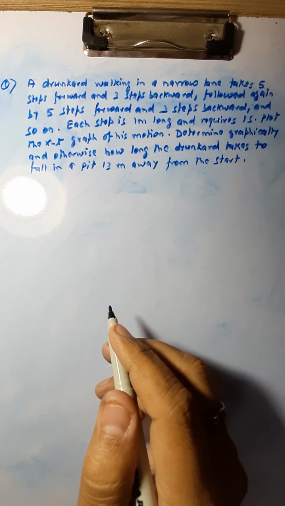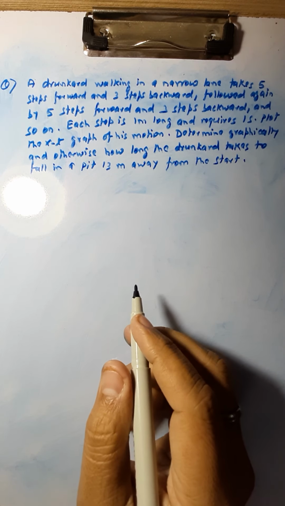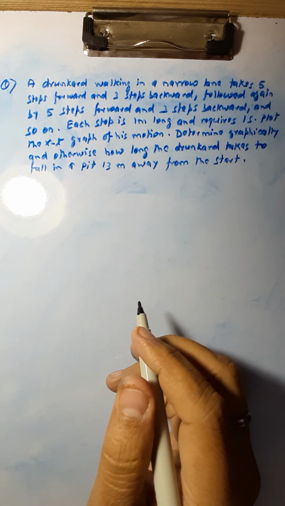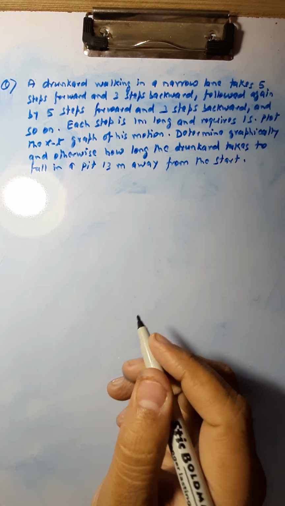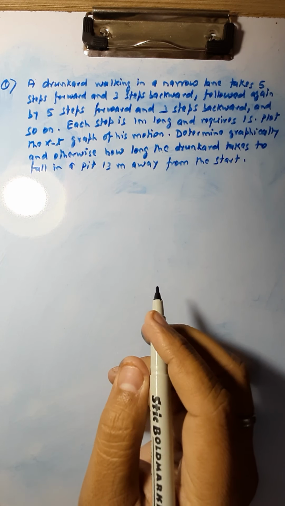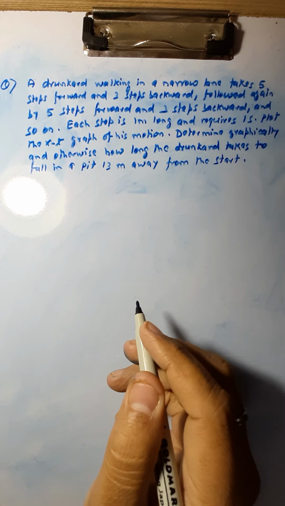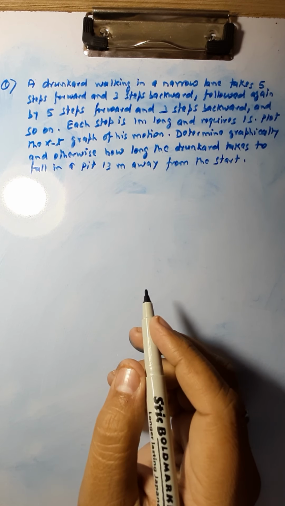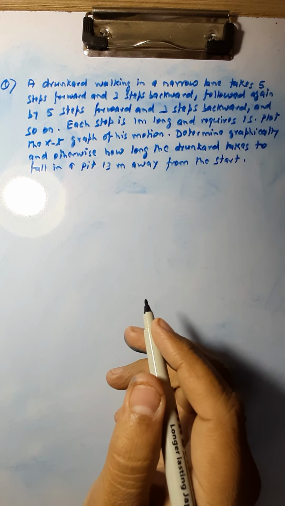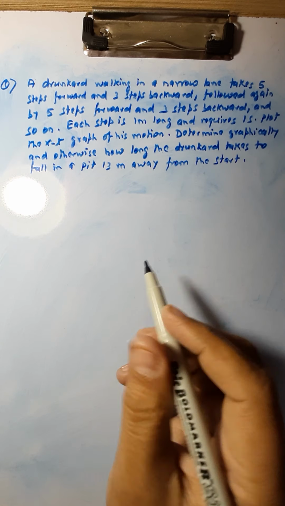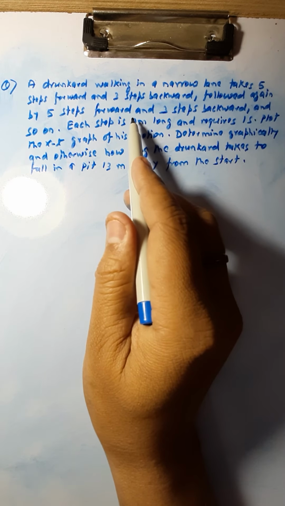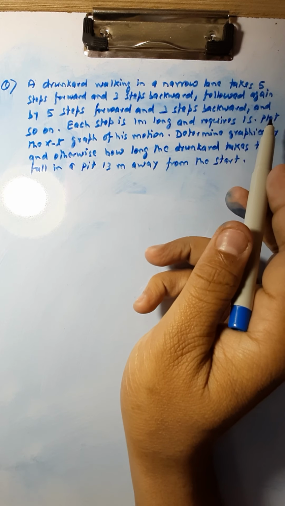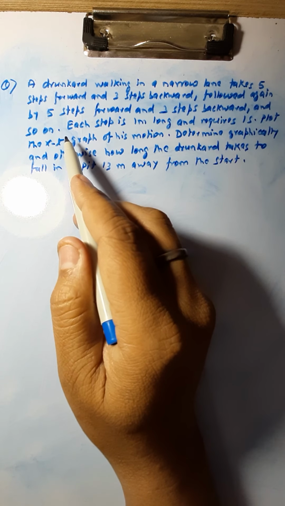So guys, we would be discussing a position time graph problem from the NCERT book in this video. So the question is, a drunkard walking in a narrow lane takes 5 steps forward and 3 steps backward, followed again by 5 steps forward and 3 steps backward, and so on.